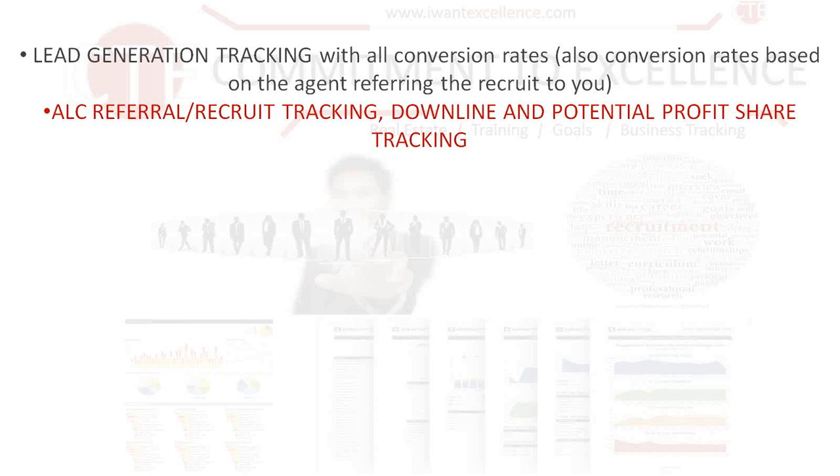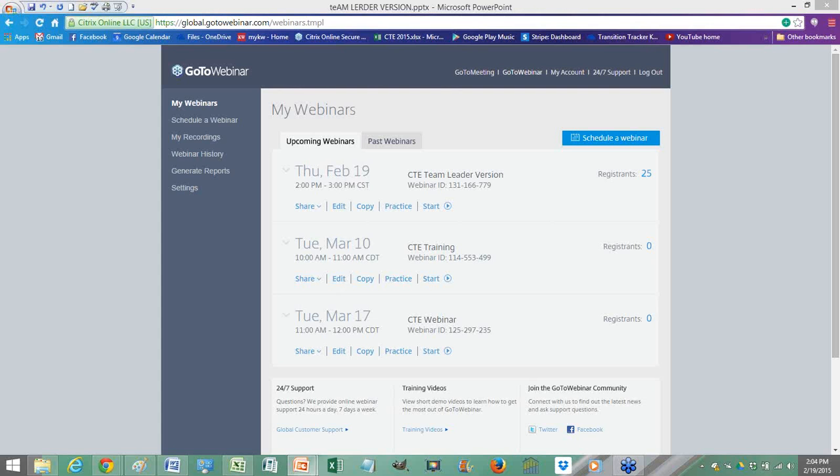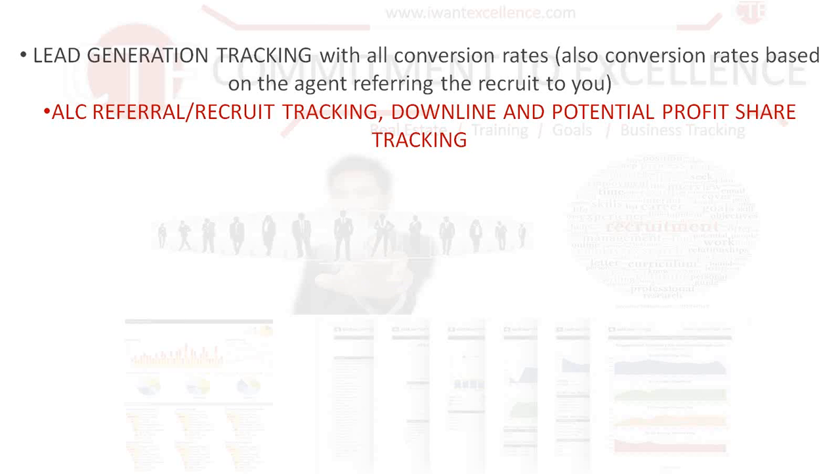They'll be able to see all of that, based off of their level of production and your market center's profit share, because every market center is different. So we're going to figure out what your market center profit share trends are, take the potential company dollar if you bring on that recruit, and apply that into your market center's profit share. Obviously, it's not a guarantee, but it's going to give that agent an idea of how much money they have sitting out there in their pipeline.